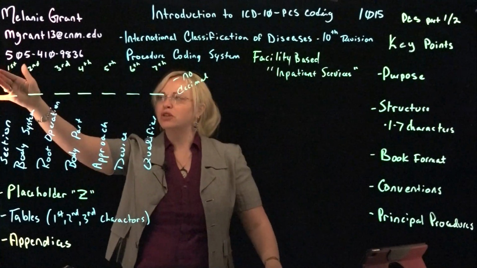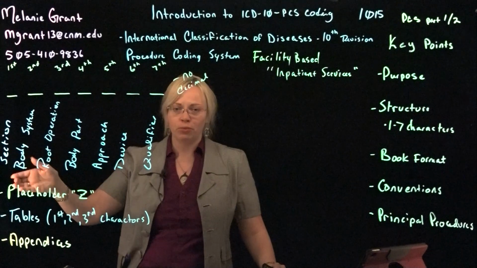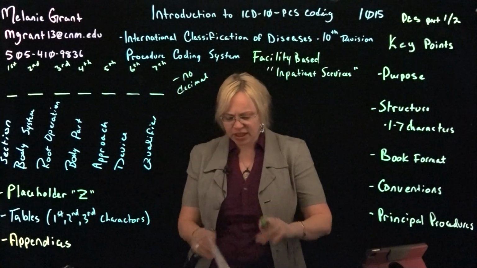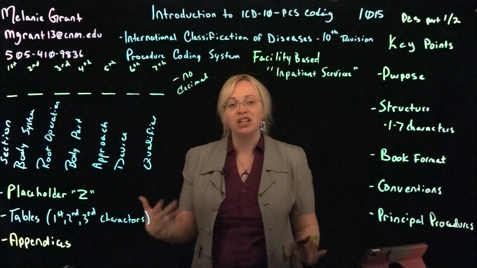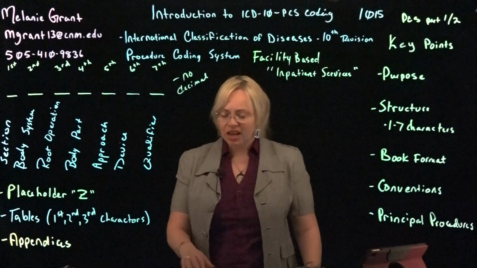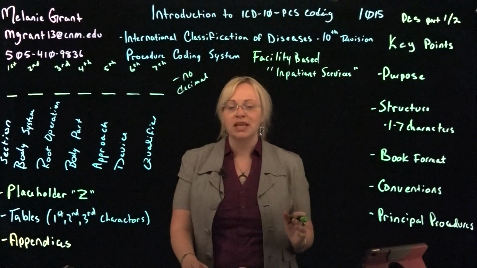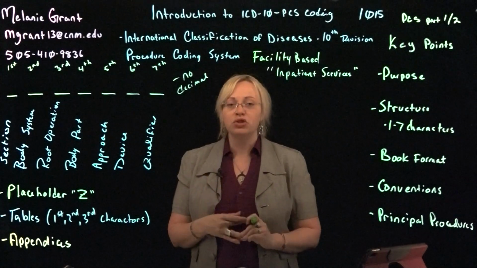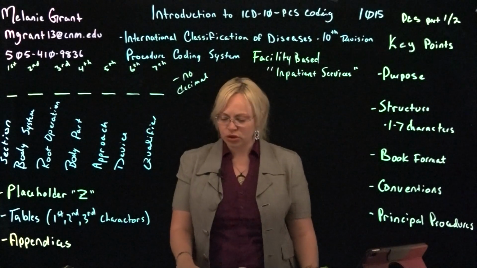We have here your first character is always referencing the section within the PCS codebook. So what do we mean by sections? Well, if you take a look in your textbook, you have several different sections listed on page 952. It starts from our biggest section, which is medical and surgical services. This means all surgeries, all medical procedures that are done to the patient will fall under section 0 for medical and surgical.